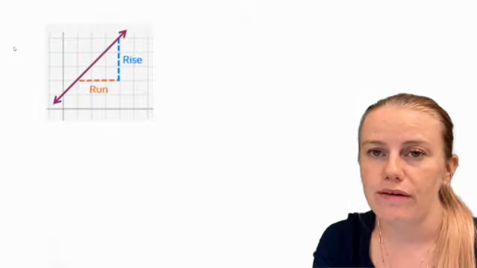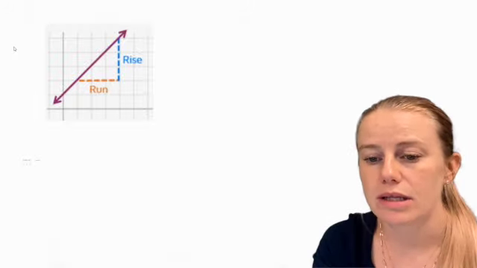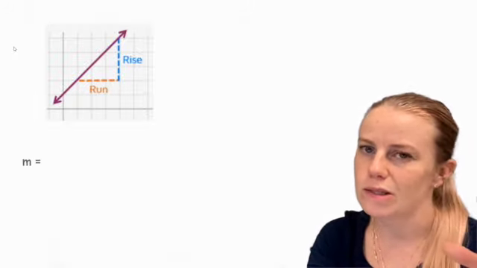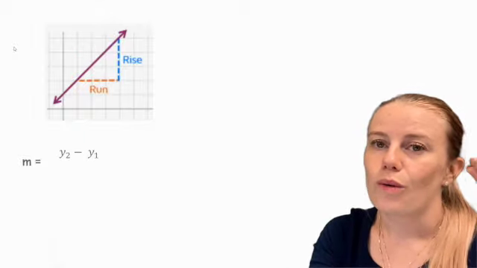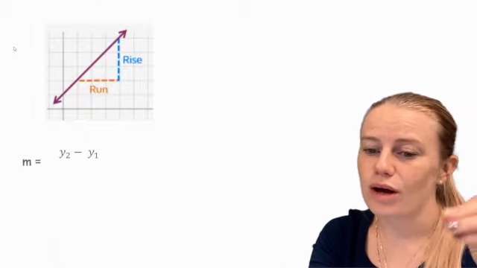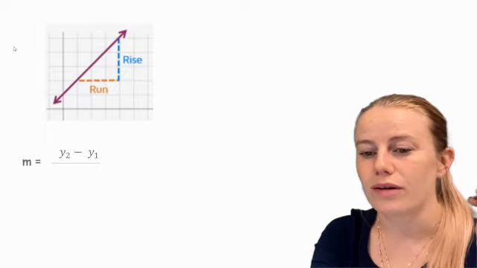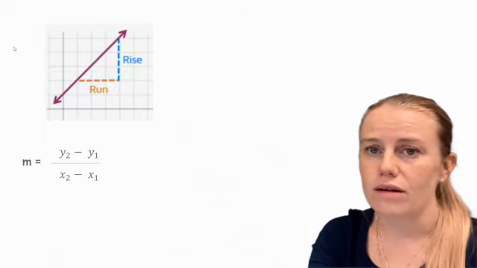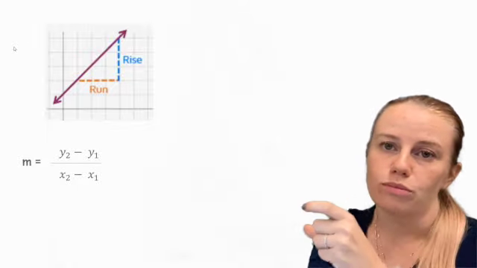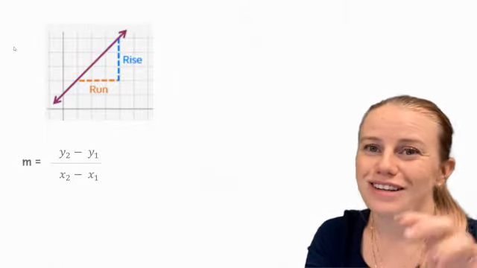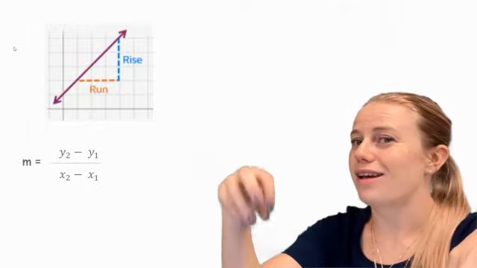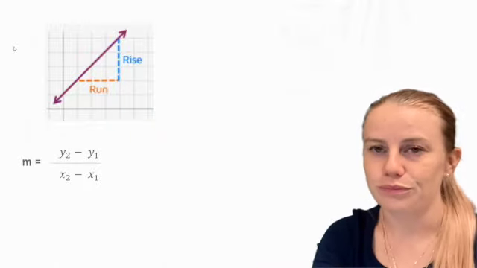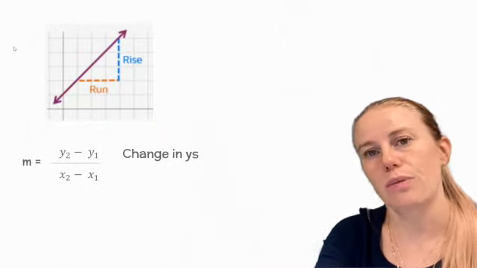We can find the slope given 2 points based on the formula m, remember m means slope, equals y2 minus y1 over x2 minus x1. And the 2 and the 1, just to note which point you're pulling them from, make sure that 1 is 1 and 2 is 2. So like I said, change in y's over the change in x's.